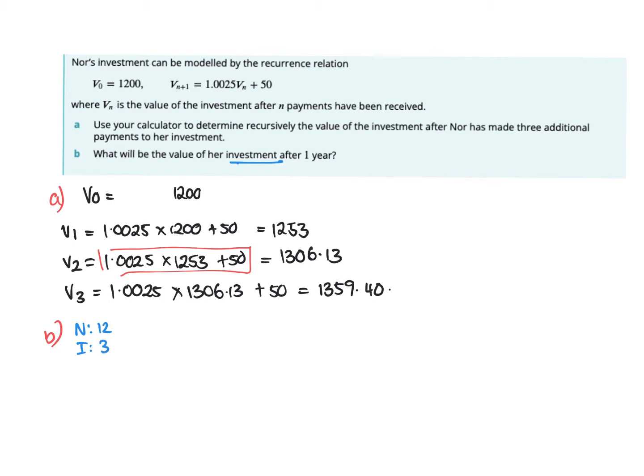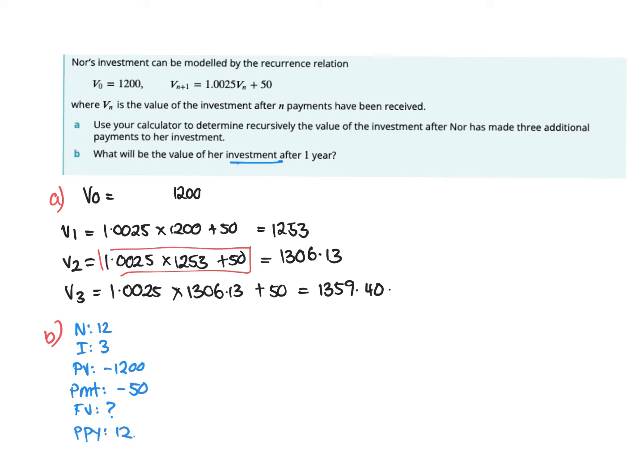The interest rate was 3. The PV, she invested in the bank, so it was 12,000. She also made additional payments of $50, so that's negative as well, because you're giving into the bank. FV is your question, and PPY is 12. So let's go do that.